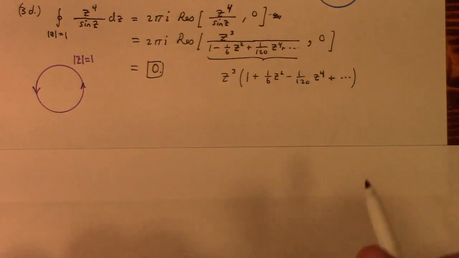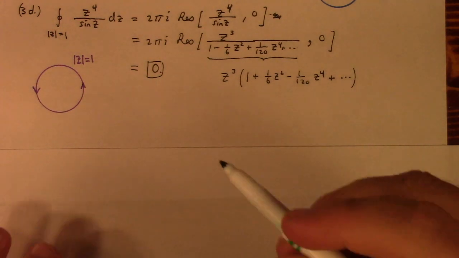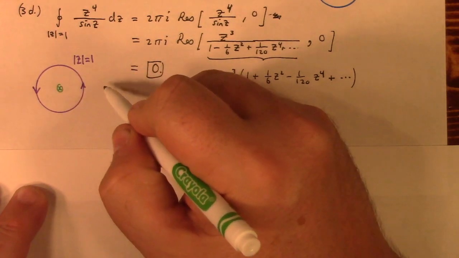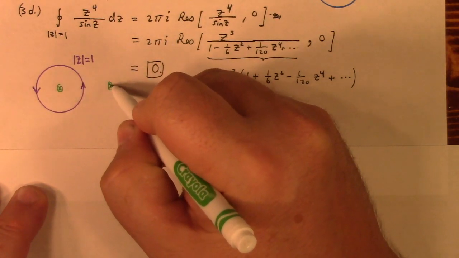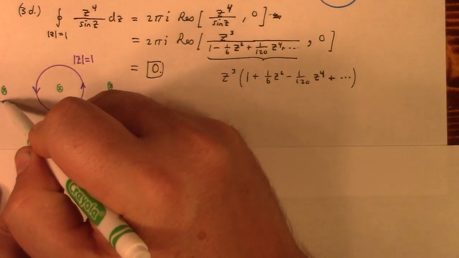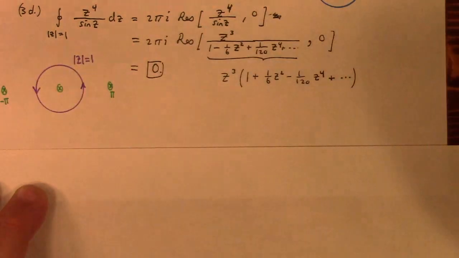And where is the denominator of the integrand 0? Well, it is 0 at 0, and also out here somewhere at pi, and over here at minus pi, and so forth forever and ever.